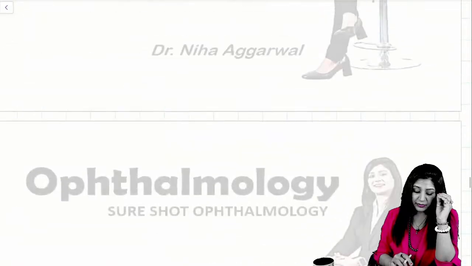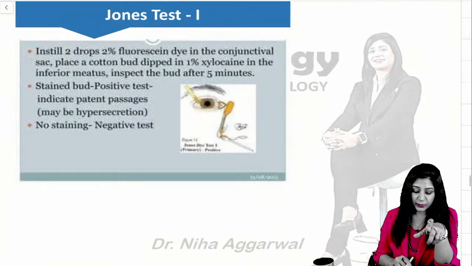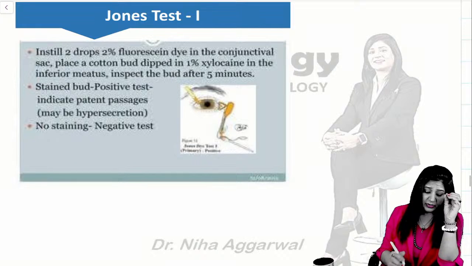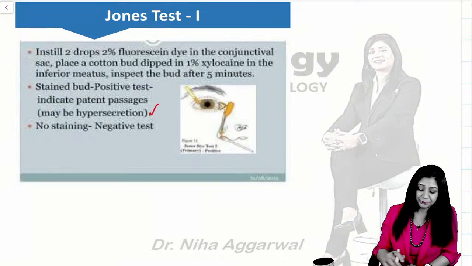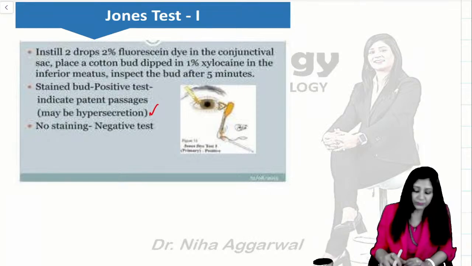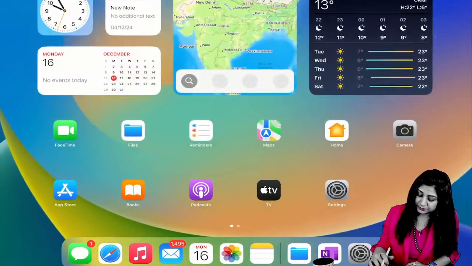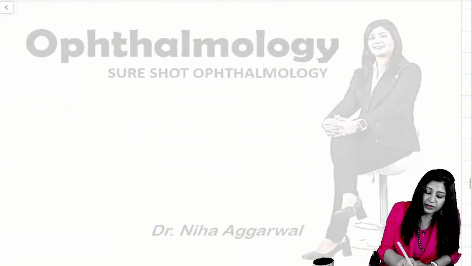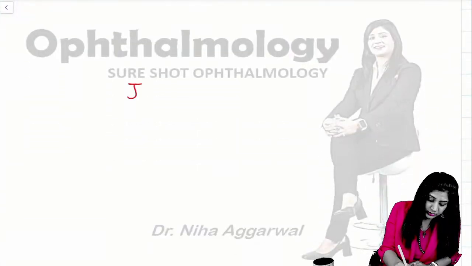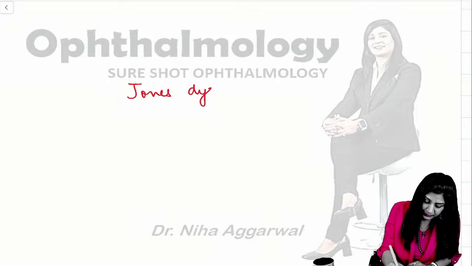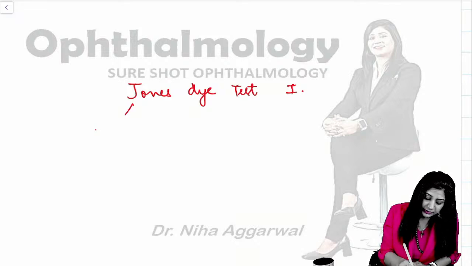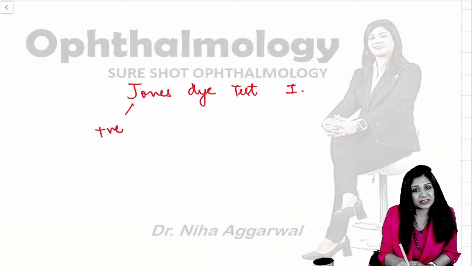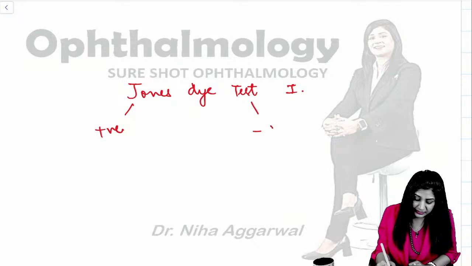Whenever we are doing test 1, here we can have hyperlacrimation, or we are having two things. When we are doing this Jones dye test 1, either we are having the positive test where staining is there, or we are having the negative test.